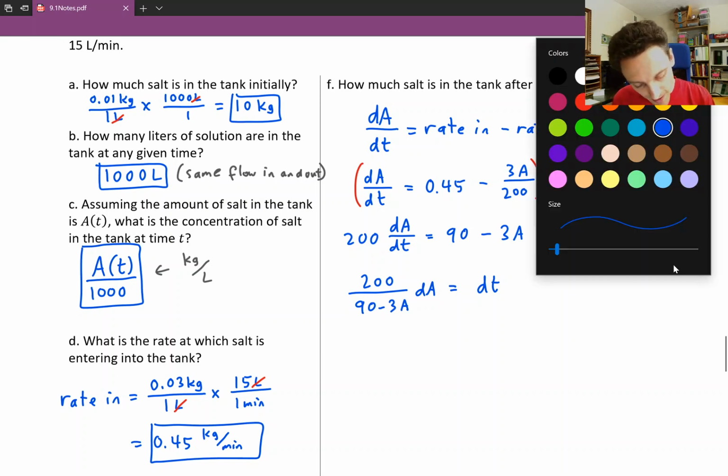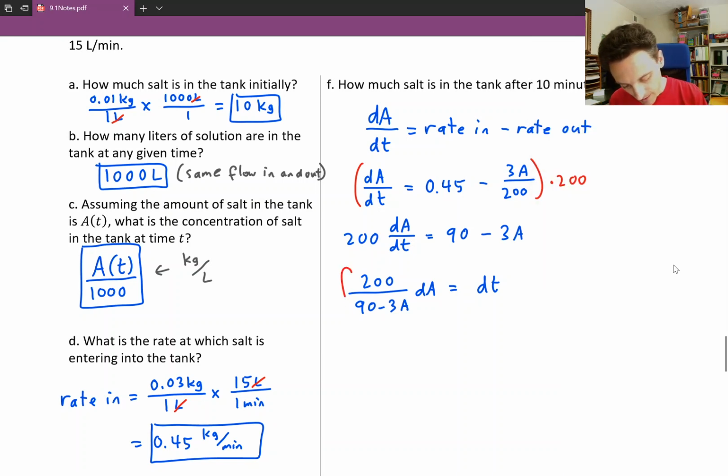All right, let's go ahead and integrate both sides. Now, on the left side, we have 200, a constant coefficient that can hang around. Then we have ln of the absolute value of 90 minus 3A. But we're going to have to divide by negative 3.